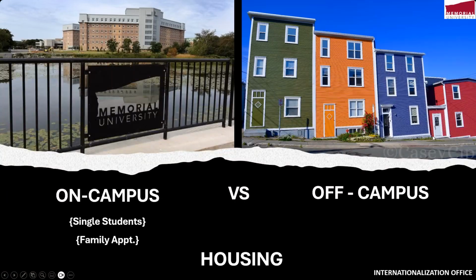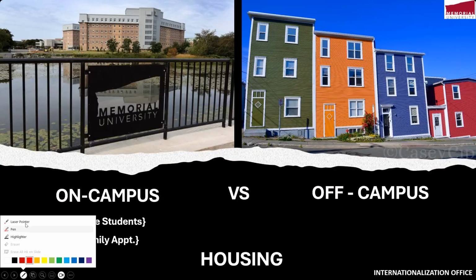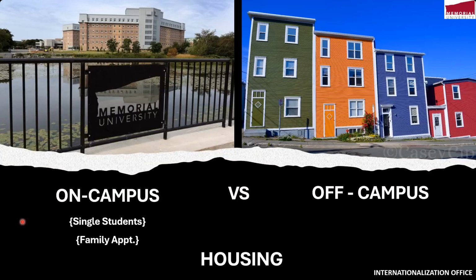Okay, so basically there are two types of housing, on campus and off campus. At the end of the day, it's your decision where you want to live. Now, I know many of you are thinking about living on campus, and I totally understand why. There are definitely some great advantages.